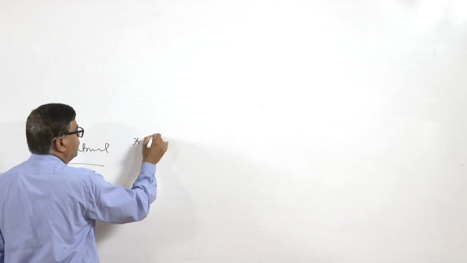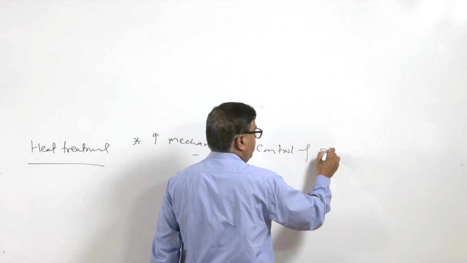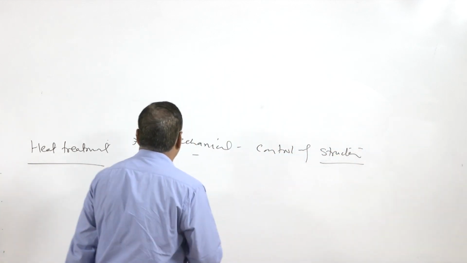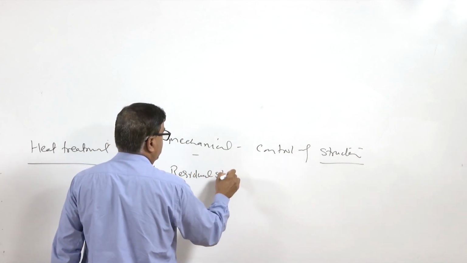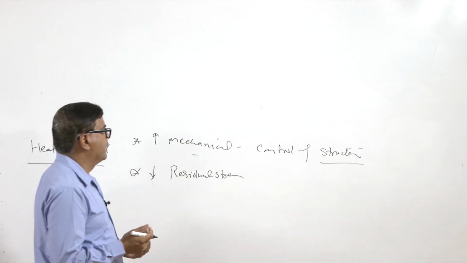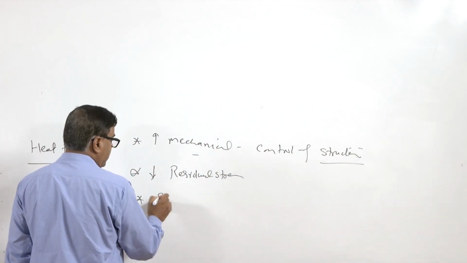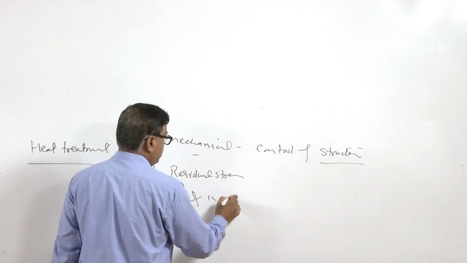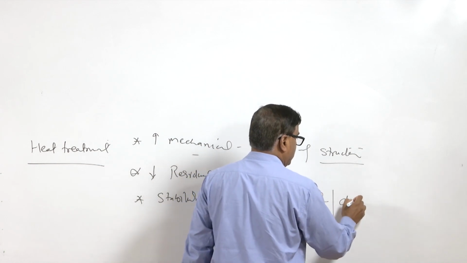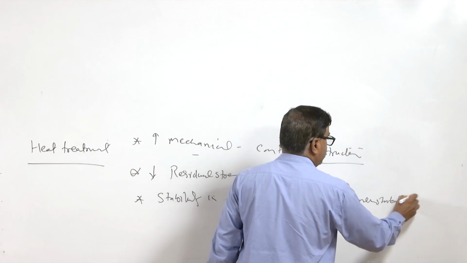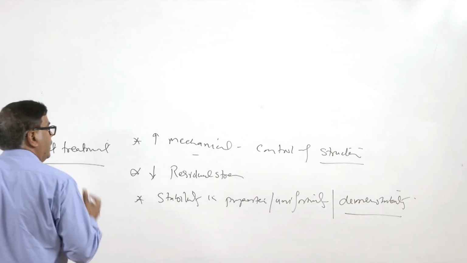One is primarily to improve the mechanical properties through control of the microstructure of the metal, and the second purpose is also to reduce or relieve the residual stresses if they have been produced in the course of manufacturing. When this is performed, there are many other secondary benefits obtained, like increased stability in terms of properties, more uniformity in properties, and also increased dimensional stability if the component is to be exposed to high temperature conditions. So, heat treatment helps in a number of ways.